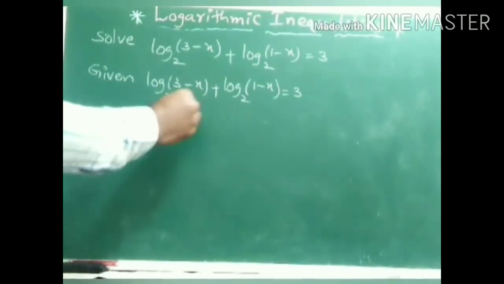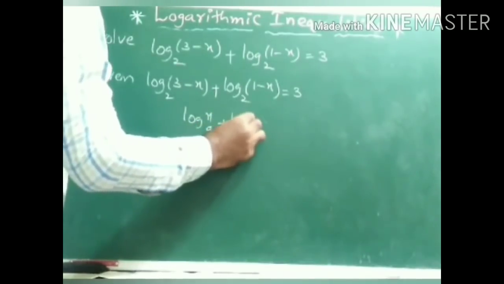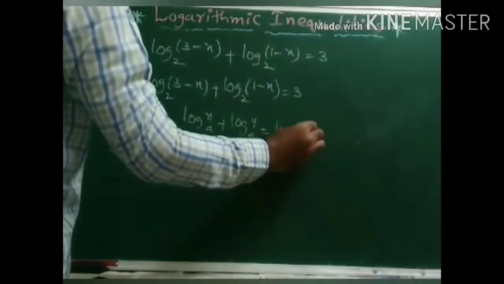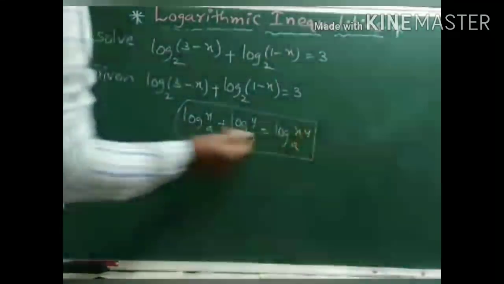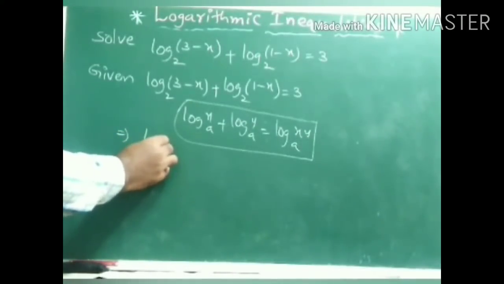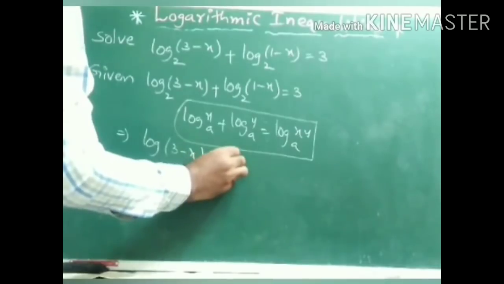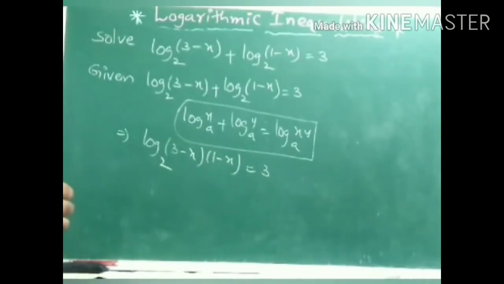Now this is just like log x to the base a plus log y to the base a, which we can further write as log xy to the base a. According to this concept, we can write log of (3 minus x) into (1 minus x) to the base 2, which is equal to 3.